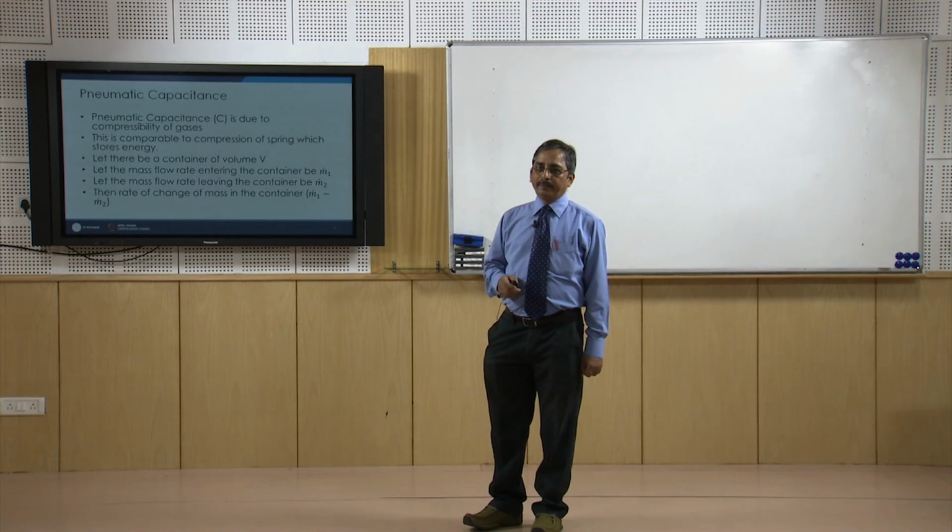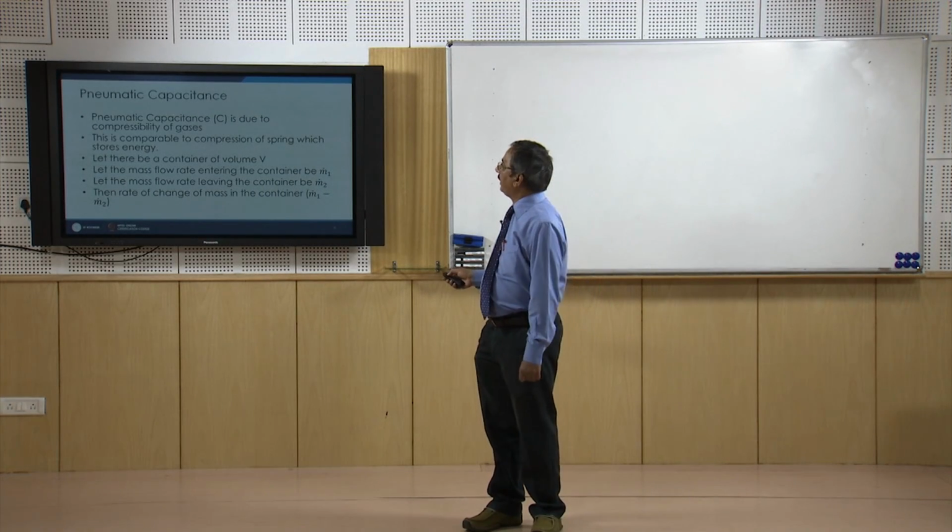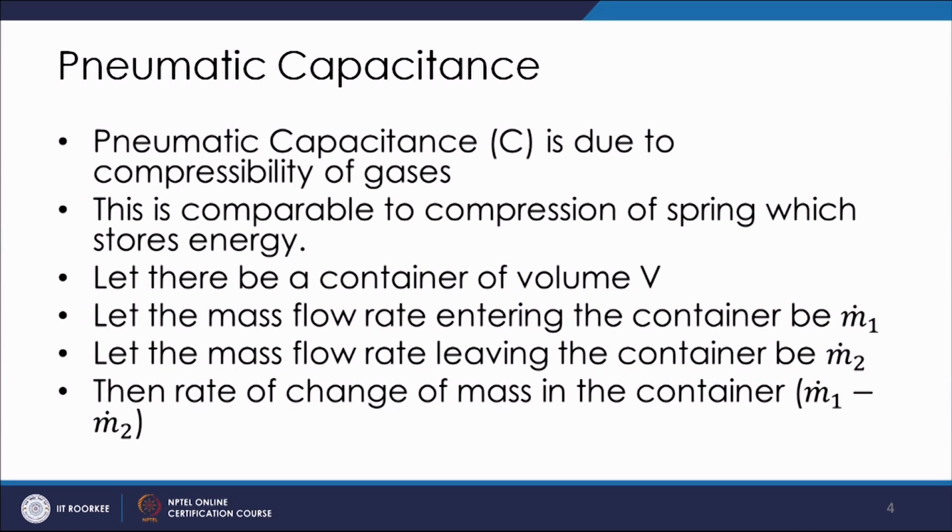The next basic building block is pneumatic capacitance. Pneumatic capacitance is due to the compressibility of the gases, and this is comparable to the compression of a spring which stores energy in a mechanical system.